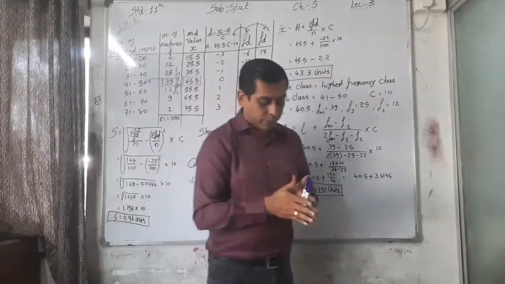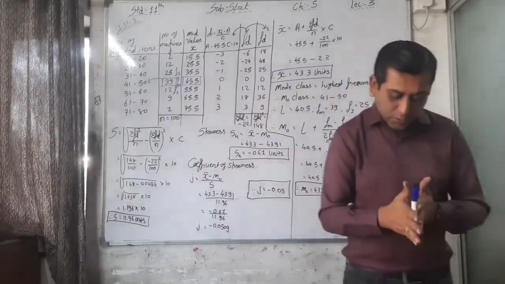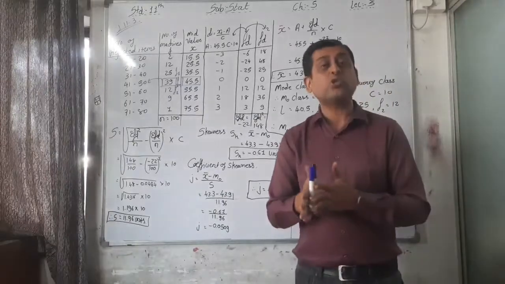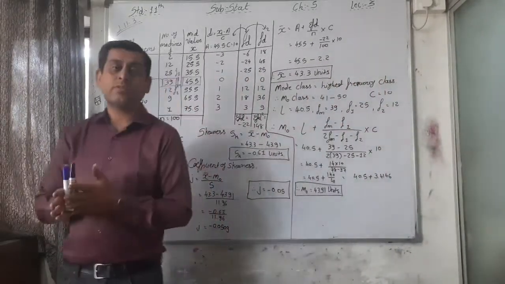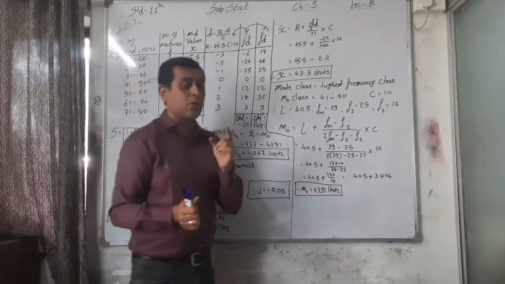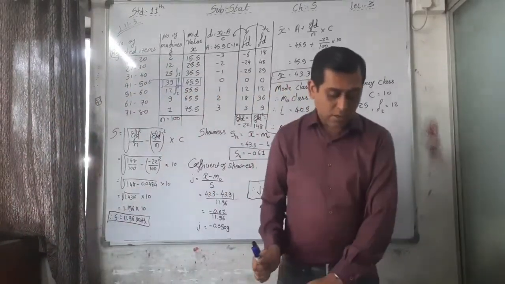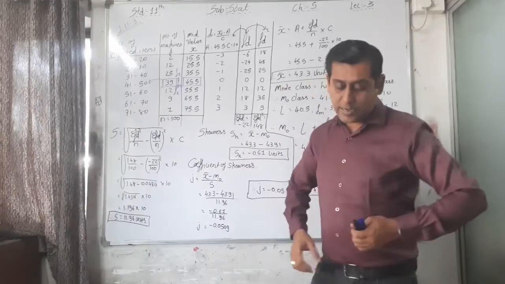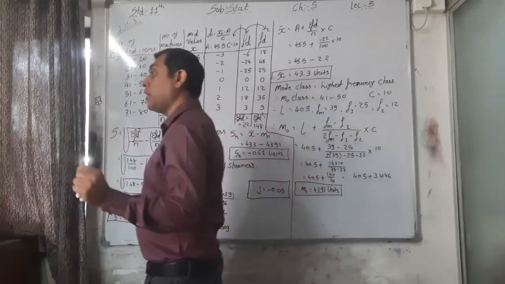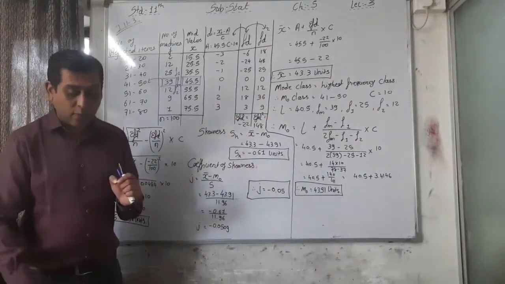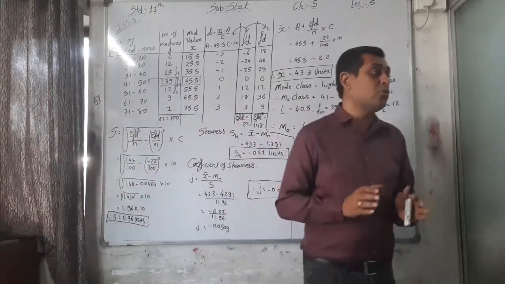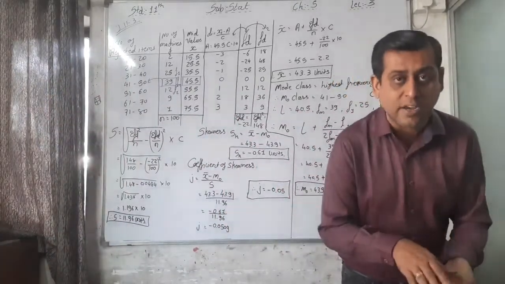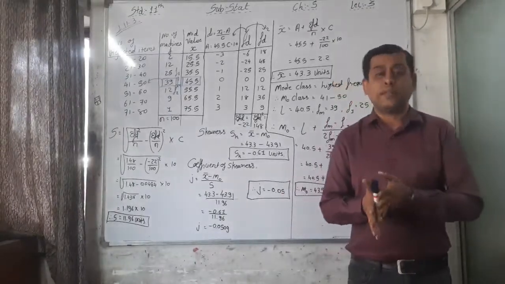Okay, the given frequency distribution has a negative skewness which is closer to symmetry. You have to write down that particular line compulsory, because here what we are finding out is skewness. And what is the skewness? The definition of skewness is that the distribution which is not symmetric is called skewed.